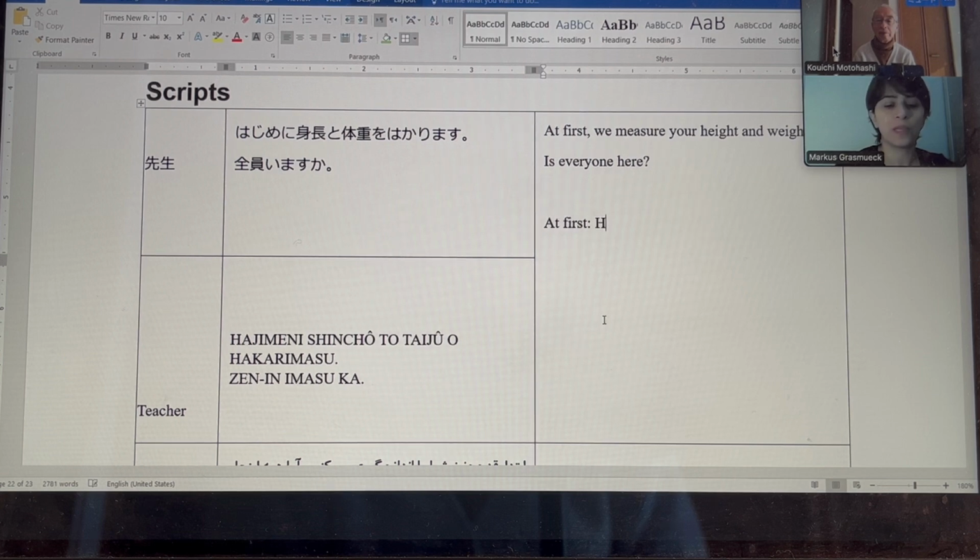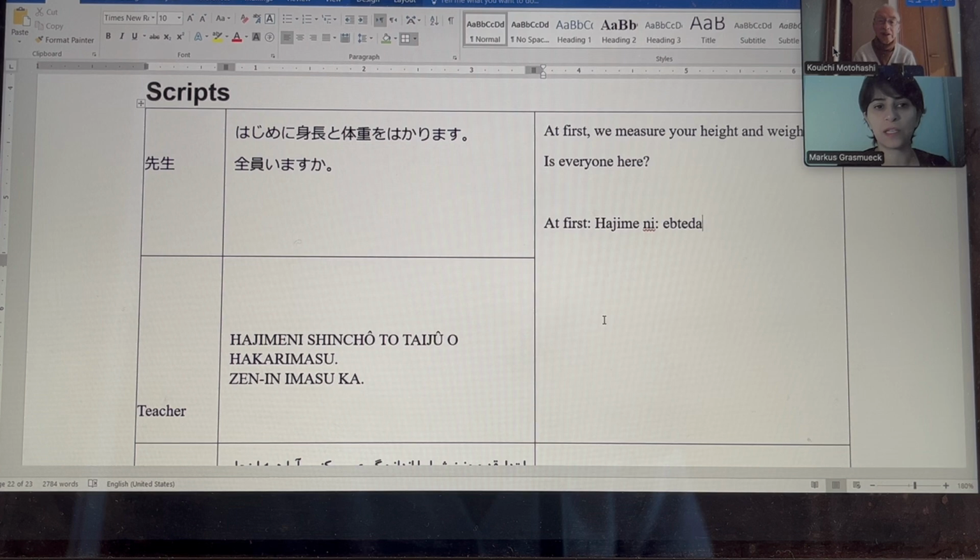So at first, hajimeni. It's an adverbial phrase referring to the initial action in a sequence. In Persian, we say ebteda.